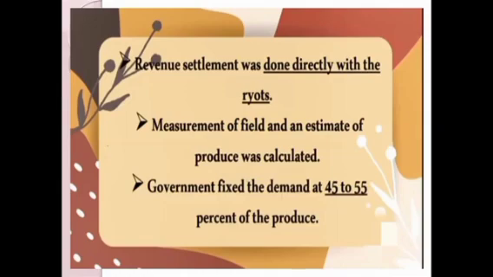So, revenue settlement was done directly with the farmers. Then, measurement of field and an estimate of produce was calculated. Then, the government fixed the demand at 45 to 55% of the produce.